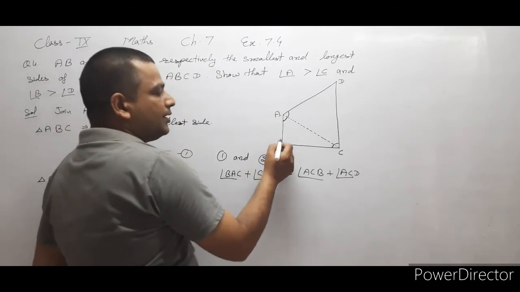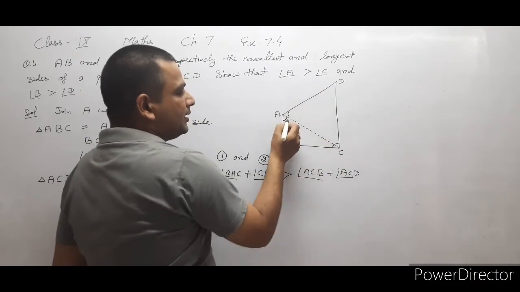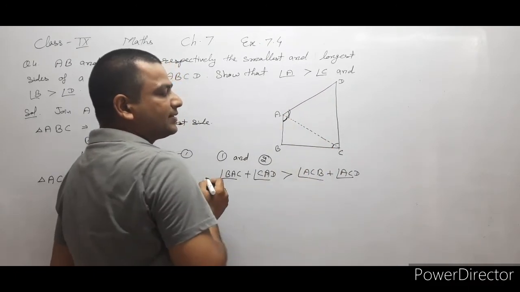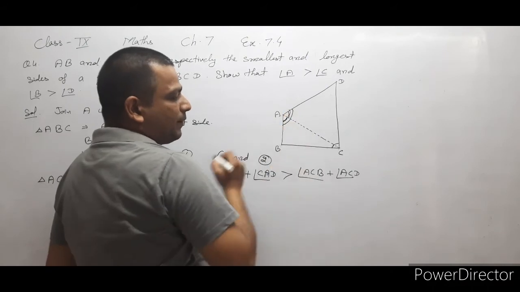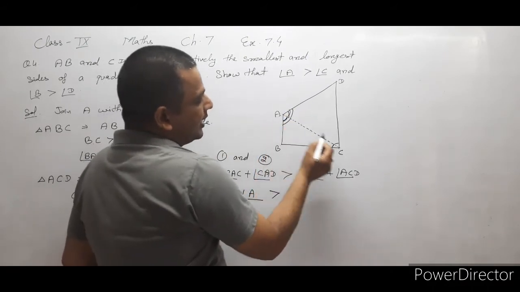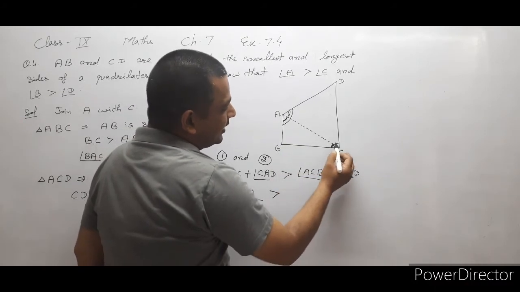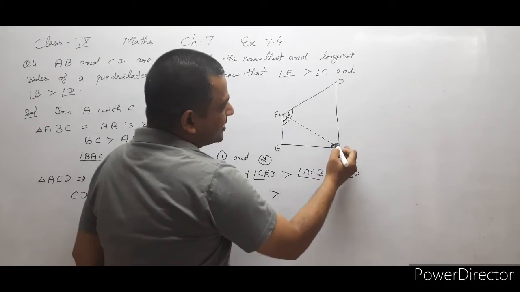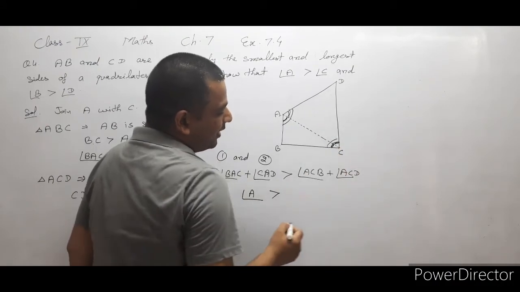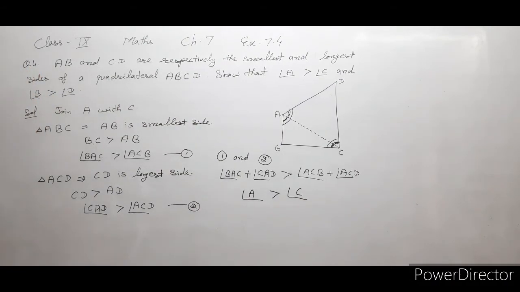BAC plus CAD, that means the sum of these two angles combined converts in angle A, is greater than ACB, this angle, and ACD, this angle. The sum of these two angles combined converts in angle C, which proves that angle A is greater than angle C.